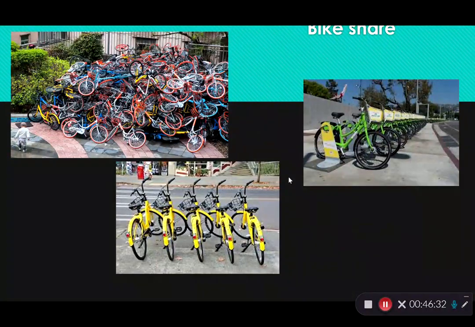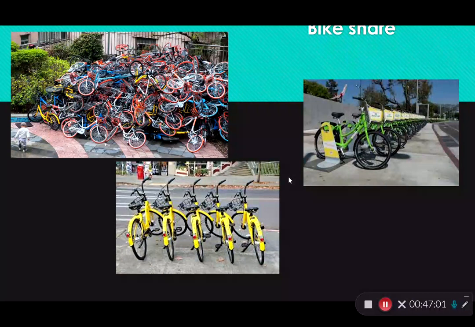Bike shares are becoming quite a thing now. Also, the little scooters are becoming more common. Most trips in cities are less than a mile, which is perfect for a bike or a scooter. So, instead of getting in your car, driving, having to find parking, having to pay for parking, all of those costs associated with trying to drive your car in cities, many of those trips can be replaced by a bicycle or a scooter.